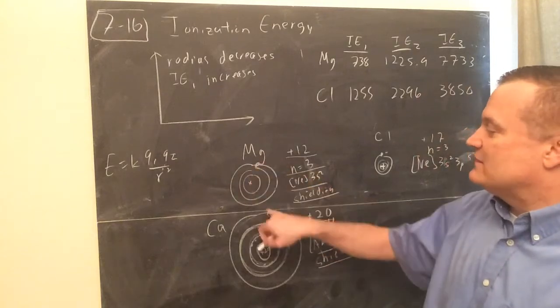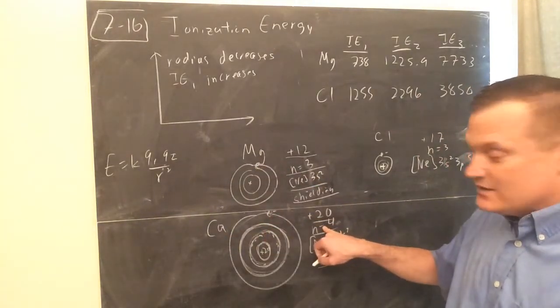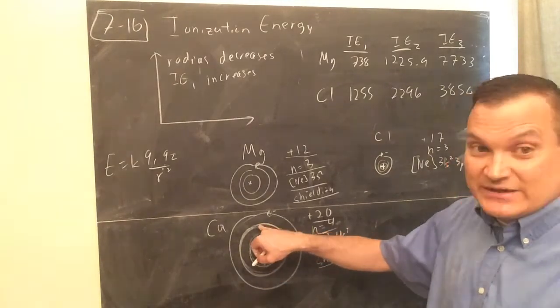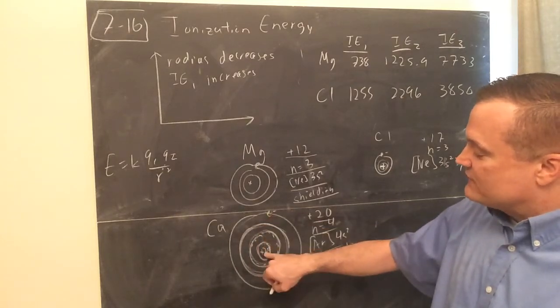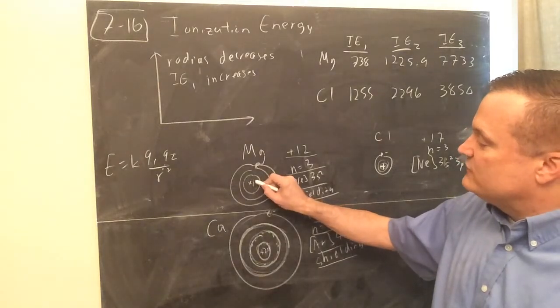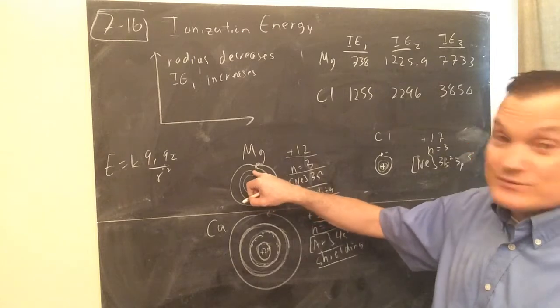Calcium has more shielding than magnesium because calcium's outer electron is at n equals 4, and it's shielded by the n equals 1, n equals 2, n equals 3 layers. I want you to tell me those are shielding the n equals 4 electron from the nucleus, the greater nuclear charge. Magnesium, on the other hand, with a 12 nuclear charge, its outer electron is only shielded by the n equals 1, n equals 2.